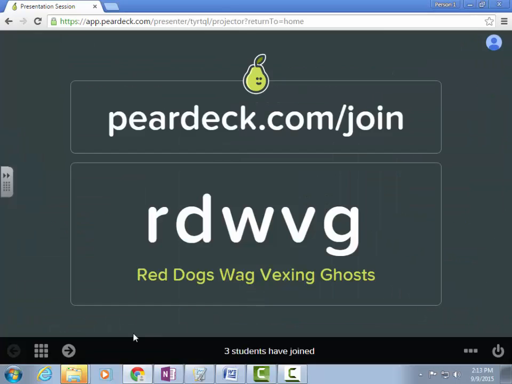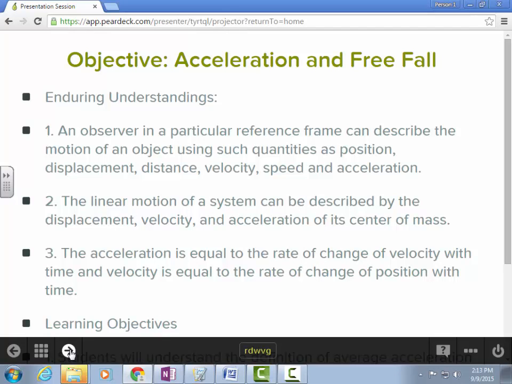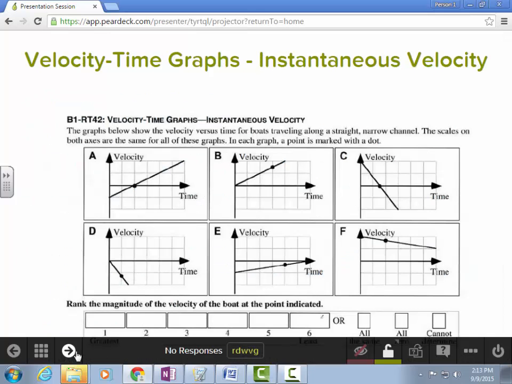So I just invited the class. Here's your enduring understandings. This is a slightly different question. This is what's called a ranking task. In this ranking task, you're going to rank the velocities of each of these.